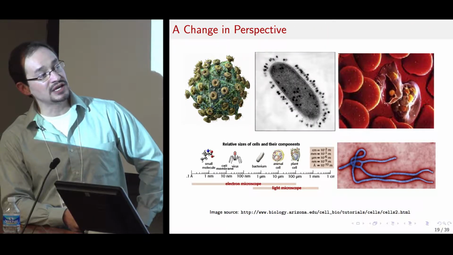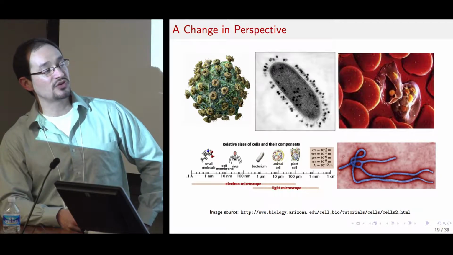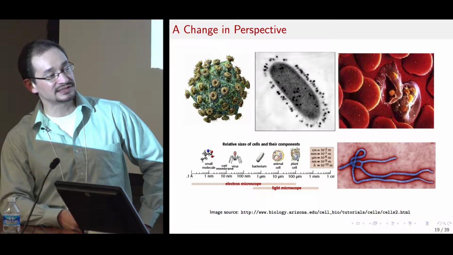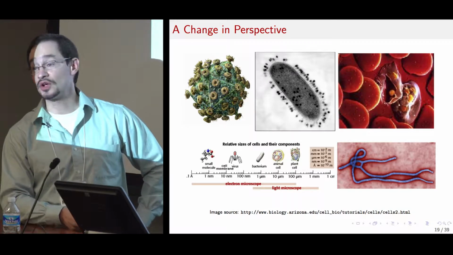The other thing that we have to take into account is the scale. So if we start from molecules and go all the way to helminths, if we take this scale and keep going in the same length that we have here, we get to the continental scale.